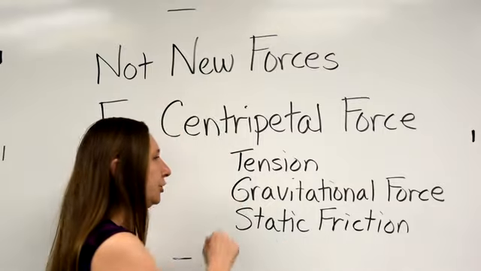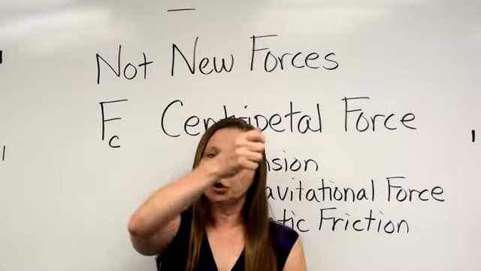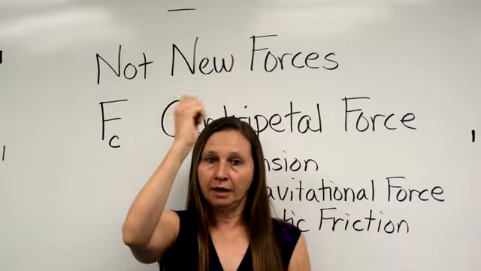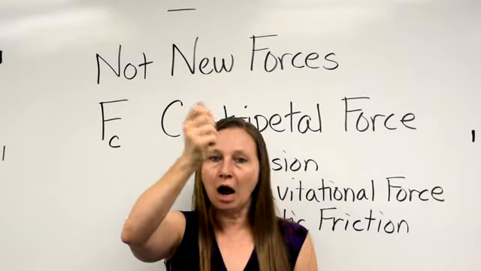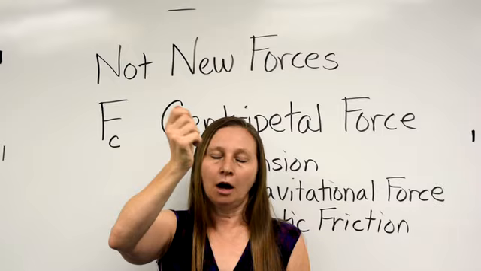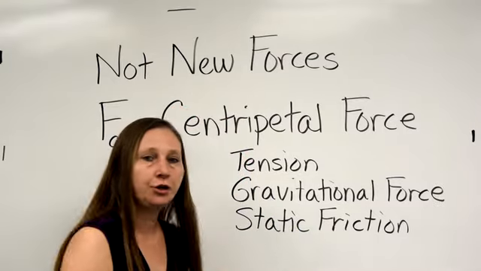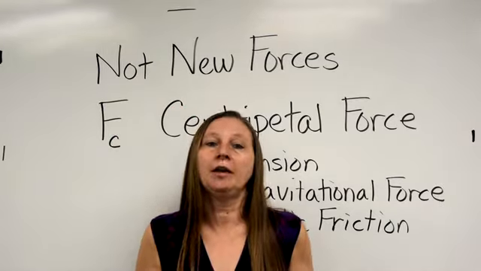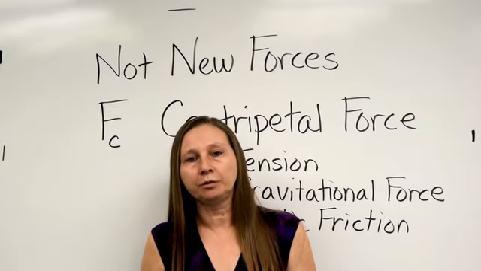So, tension. Put a rock on the end of a string, swing it around, and the tension is causing that rock to move around your head in a circle. Gravitational force. If I'm the sun, I'm applying a gravitational force to the earth.